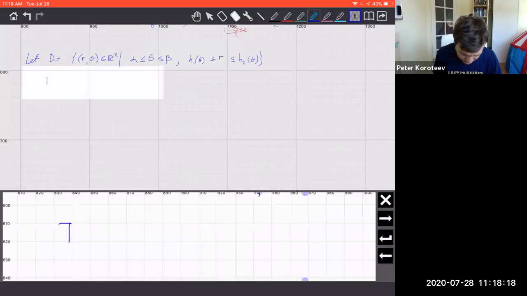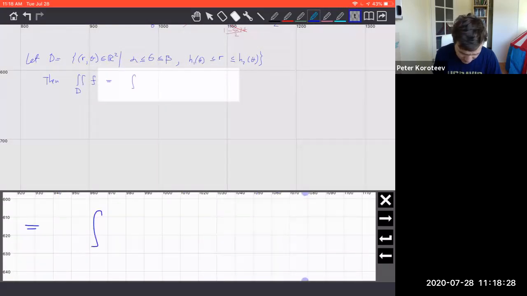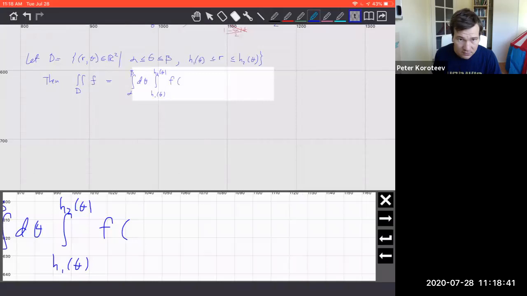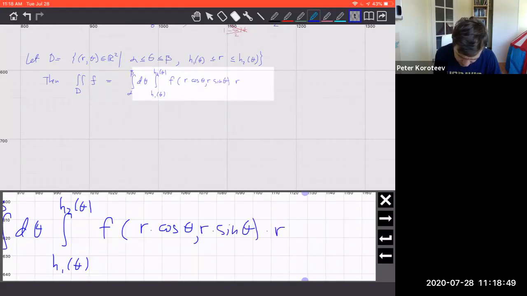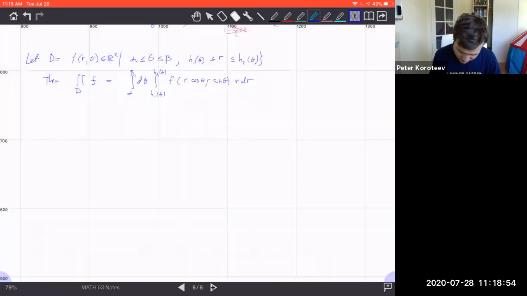Then the integral of the function f over this region is equal to the integral from alpha to beta d theta, integral from H1 of theta to H2 of theta, f of r cosine theta, r sine theta, r dr. Yeah, that's the formula.